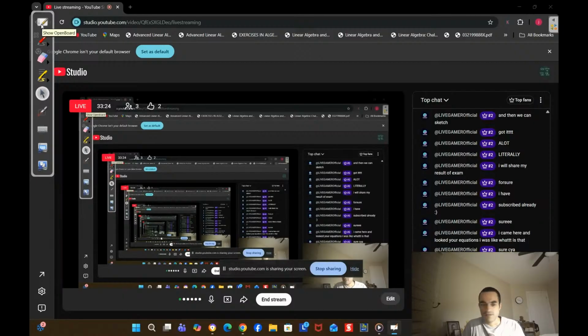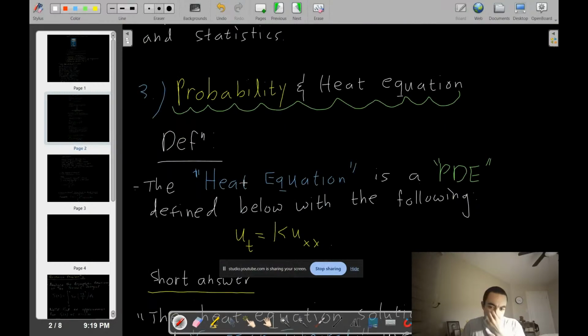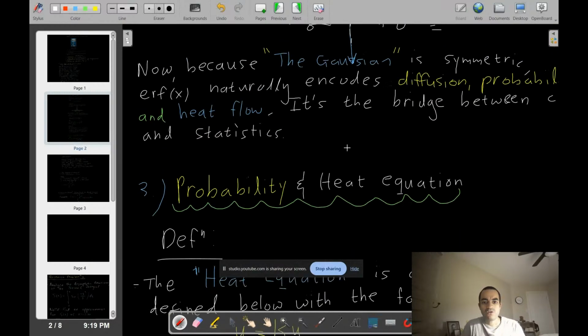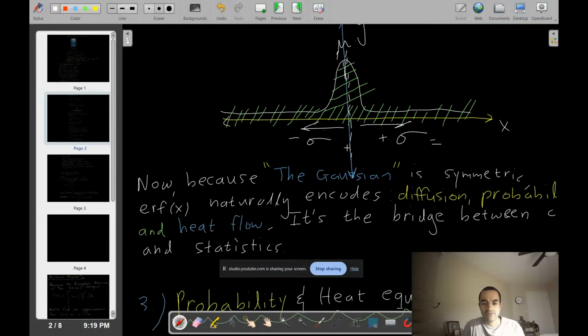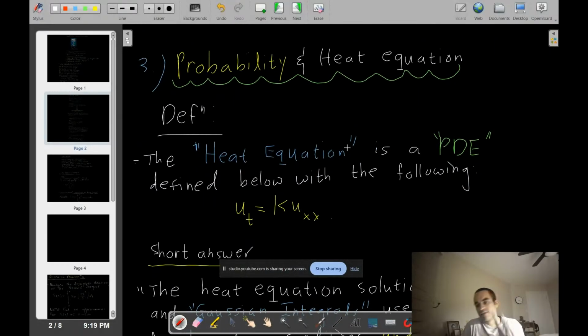All right, so nothing yet. Okay. So we're continuing again here. We're going to look at another type of integral, and this is applied to probability and the heat equation. The heat equation has to do with math and science, and it is a PDE.